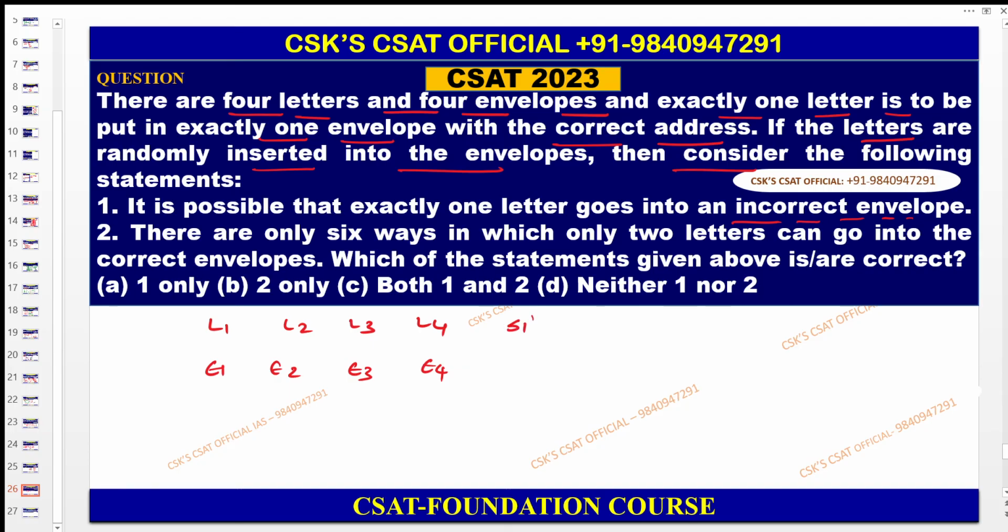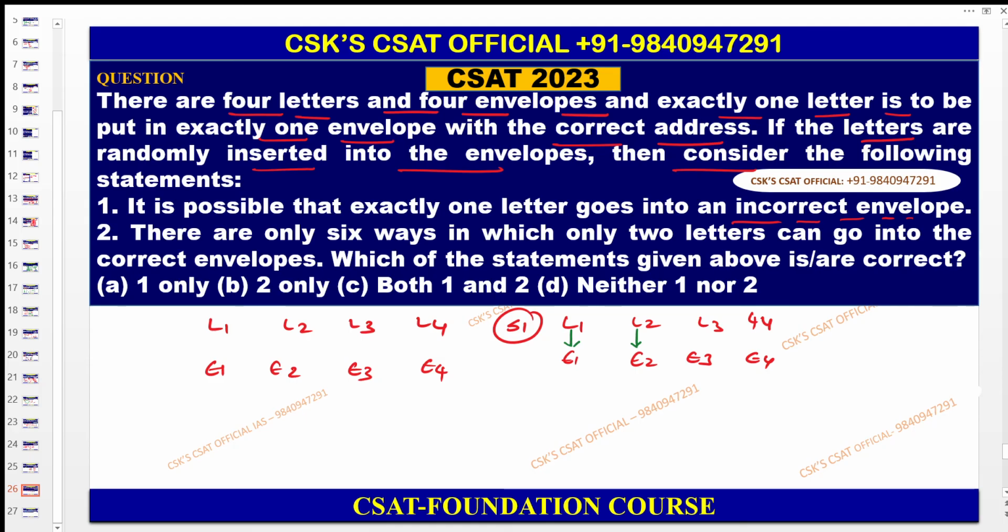First statement, let us take here. Letter 1, letter 2, letter 3, letter 4, and envelope 1, envelope 2, envelope 3, envelope 4. Suppose I am taking that letter 1 rightly goes to envelope 1, and letter 2 rightly goes to envelope 3. Okay.